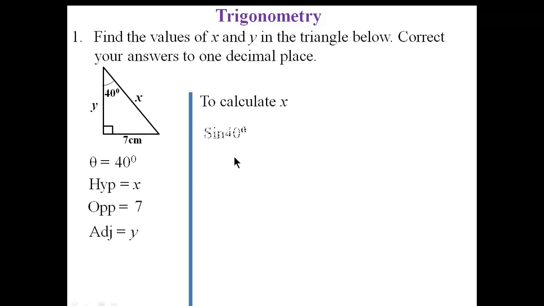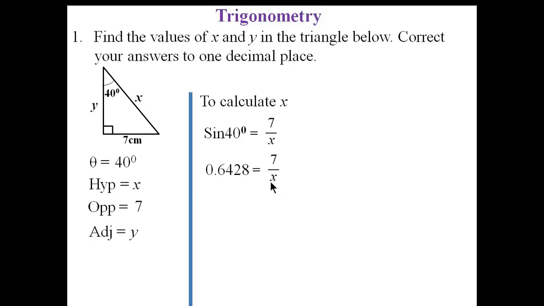So sine 40 degrees is equal to 7, the opposite, over the hypotenuse. Sine is opposite over hypotenuse, so the opposite is 7 and the hypotenuse is x. We now find the value of sine 40 degrees, and that gives 0.6428 is equal to 7 over x.